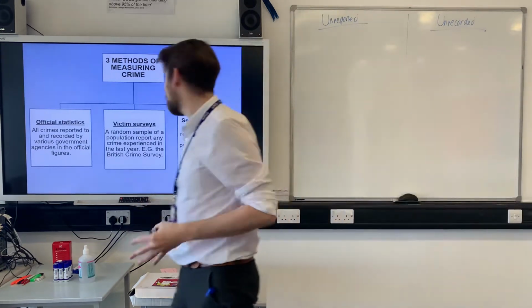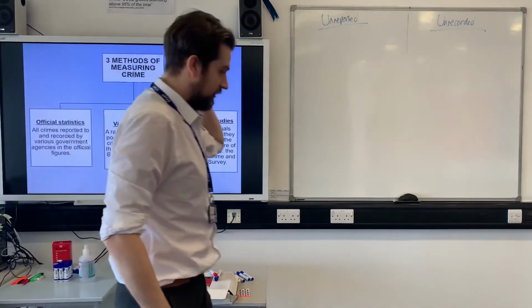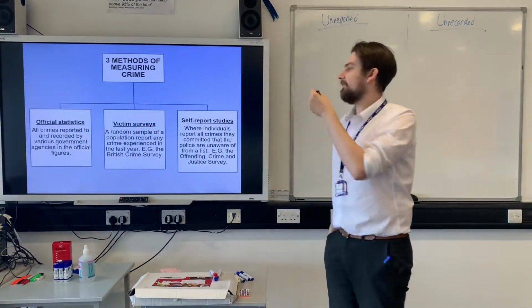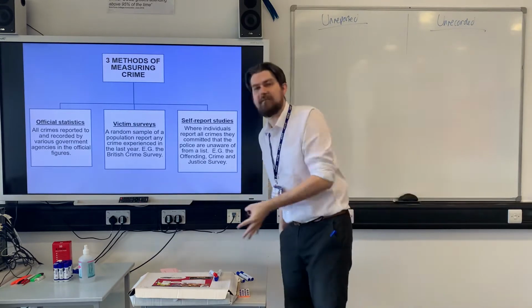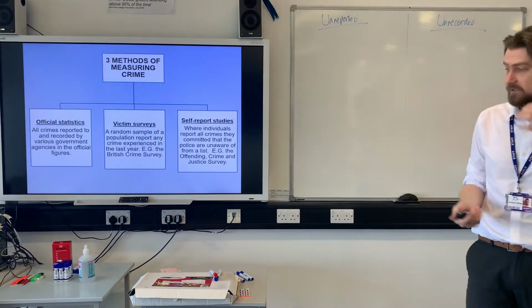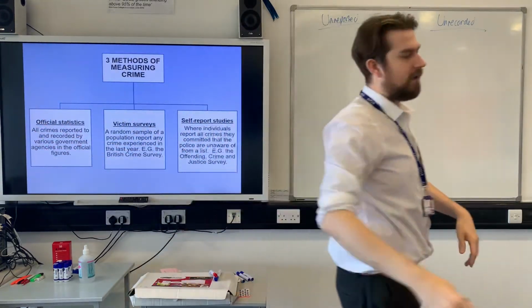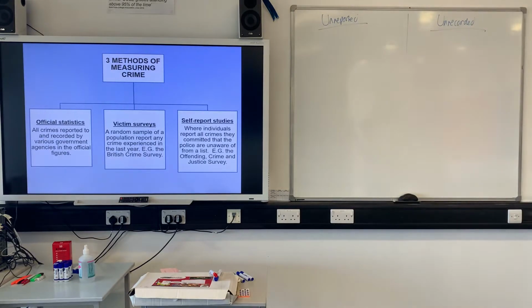Now, the most common, and the one that you will have heard me talking about all the time, is the official statistics. These are the government disseminated figures, where they get their information from the police and the courts. Those are the ones that they give out. This is obviously massive. This is updated all the time, and it's the big one, really.